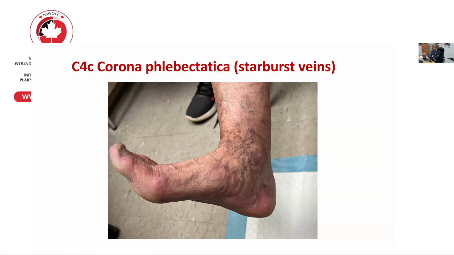And there's the corona phlebectatica, and that's a starburst type of arrangement of the veins that go down from the malleolus. And if you start looking closely at patients, you'll see that this is fairly common, and especially as people age. And it is part of advanced venous disease. Next one.